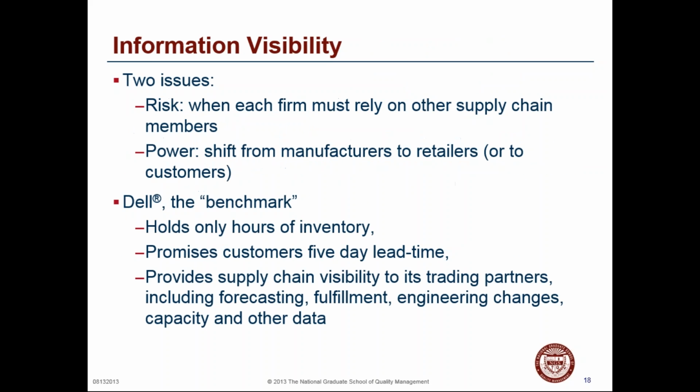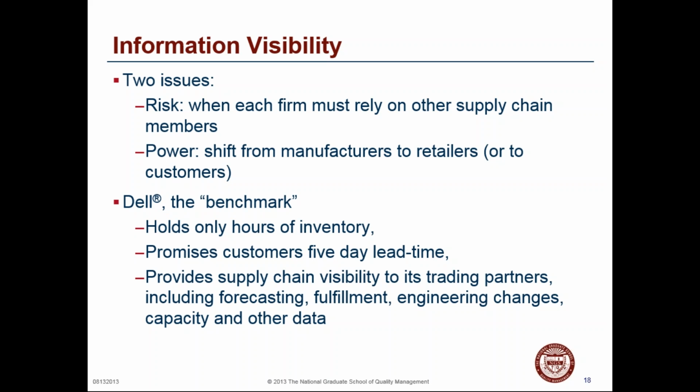We're going to skip the Cisco case study because we're going to do another one tonight. And it gives you the information visibility, right? So here on the slide, it shows you two risks, right? Two issues. You've got a risk transfer and risk to suppliers when each firm must rely on other supply chain members. You've got that visibility right there.